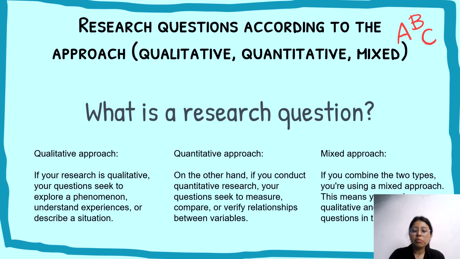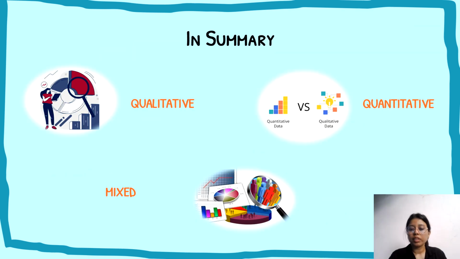And quantitative: how many hours do they study per week, and how does that data relate to their grades? Okay, summary. Qualitative questions explore, quantitative questions measure or compare, and mixed methods combine both for a more comprehensive view.